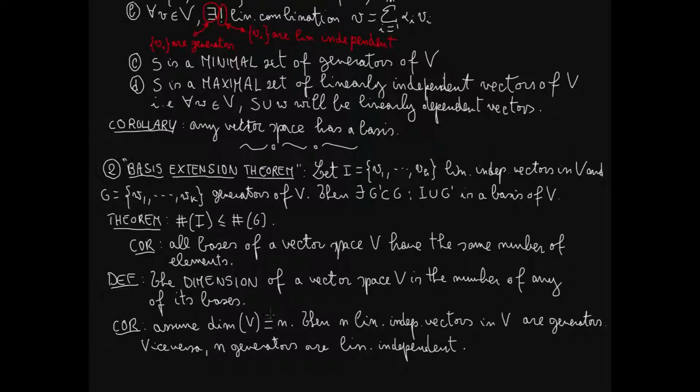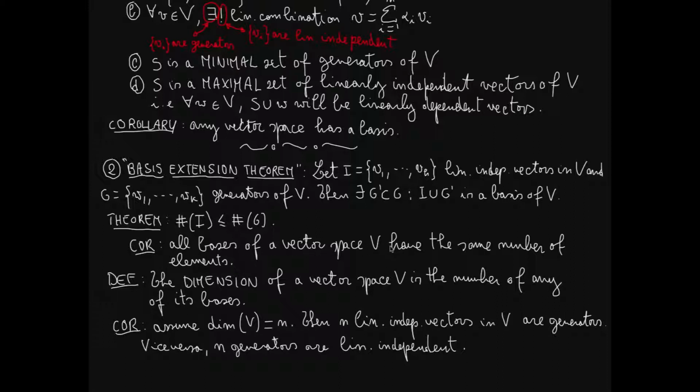How do we prove this corollary? So for the first statement, we will have to use the basis extension theorem, because if I have n linearly independent vectors, according to the extension theorem, I can complete them to a basis of V, adding some vectors from a set of generators. But if they are not already a basis, meaning if they're not already generators, then I will end up with a basis with the number of elements strictly greater than n, contradicting this corollary.